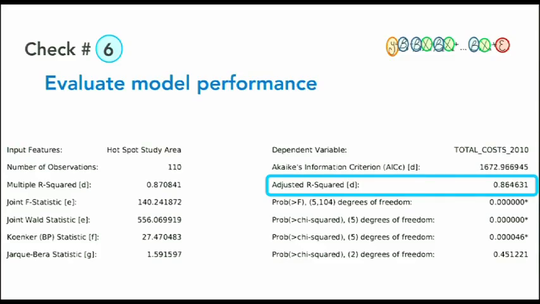It's the Breusch-Pagan statistic. Essentially that is testing for non-stationarity. If that is statistically significant, it's often an indicator that GWR will improve your R squared.